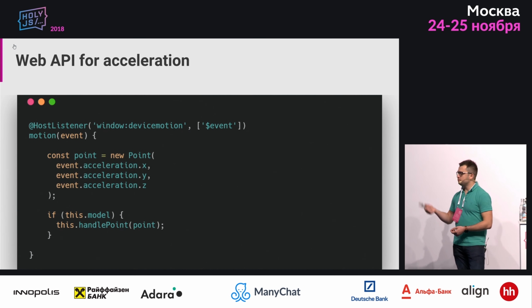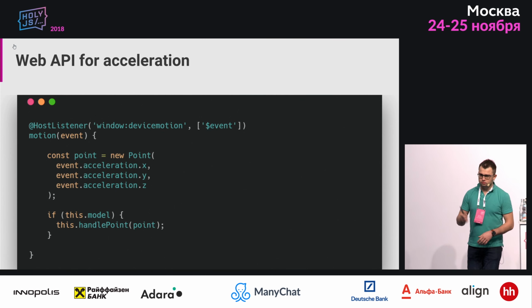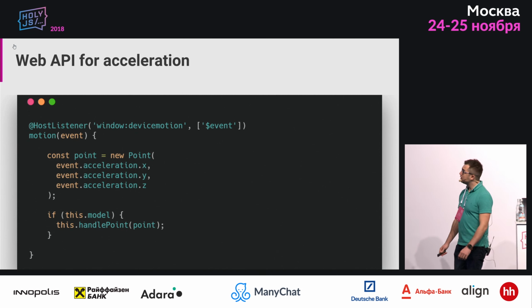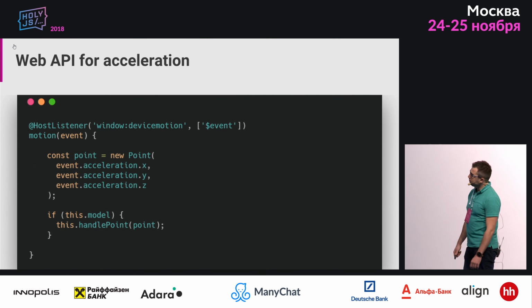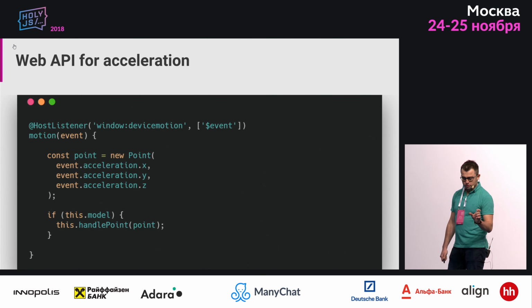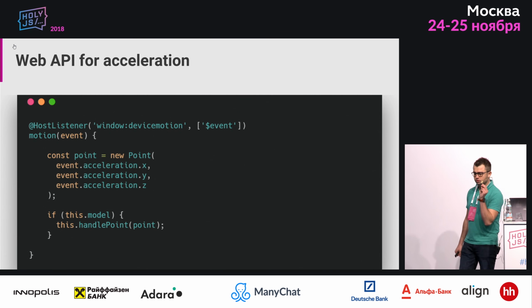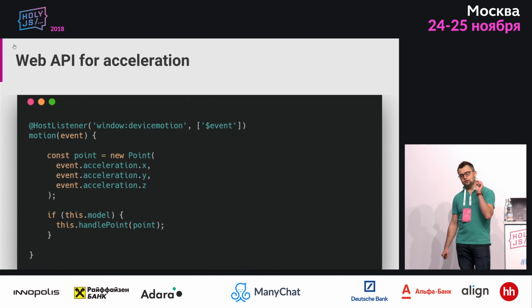This is the Angular implementation, but you can listen to this event just by applying an event listener. You would have an event, some function, and an object that would have a property, acceleration, with x, y, and z.